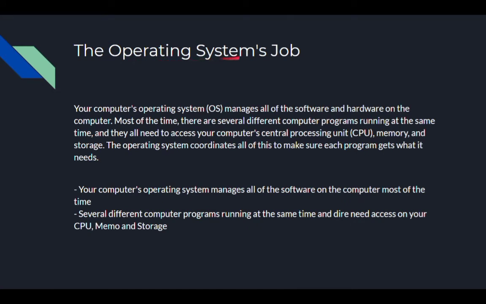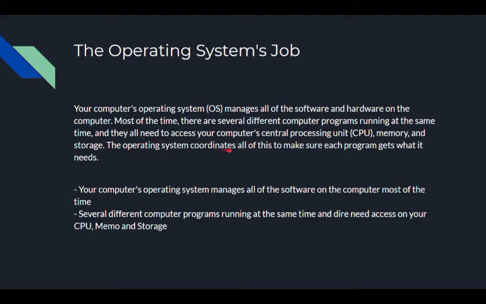The operating system's job. Your computer's operating system or OS manages all of your software and hardware on the computer. Most of the time, there are several different computer programs running at the same time, and they all need to access your computer's central processing unit, CPU, memory, and storage.